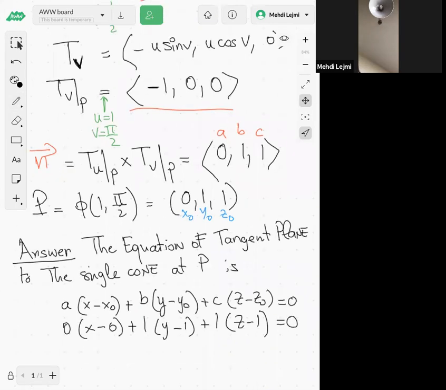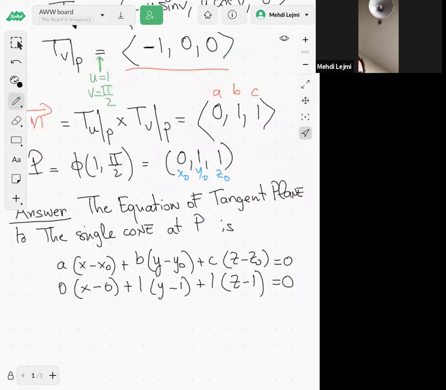So that will be y minus 1 plus z minus 1 equal to 0. So that's y plus z minus 2 is equal to 0.